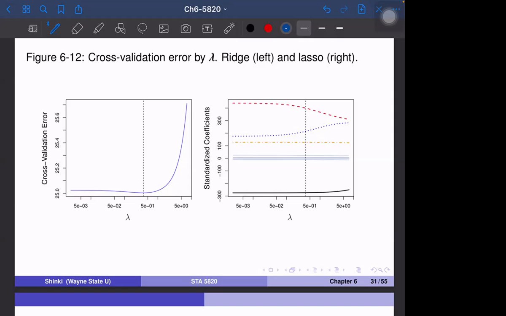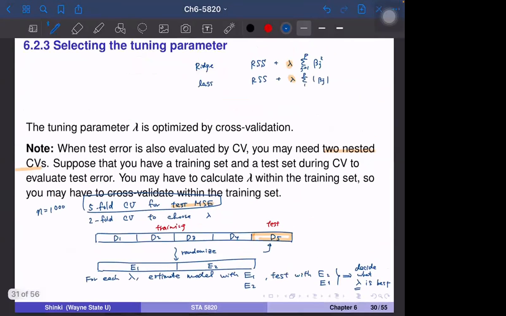Do you have any questions? Yes, I have a question, Professor. Sure. For example, if we want to do 5-fold cross-validation, we should repeat this procedure 5 times. Every time, we separate our data set into 5 parts, 4 for training and 1 for test, and these 4 training parts we randomize, then calculate lambda, and then repeat this 5 times.